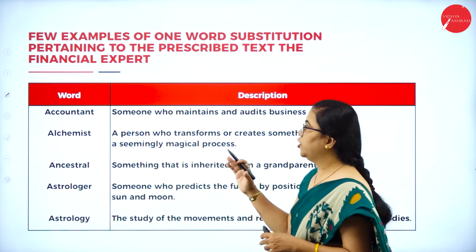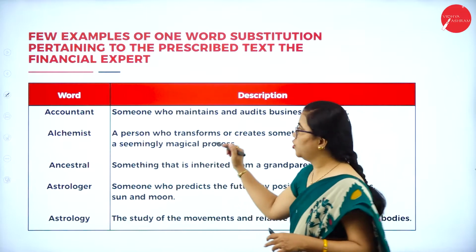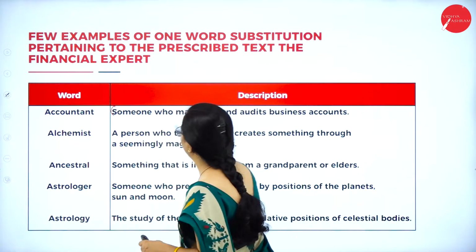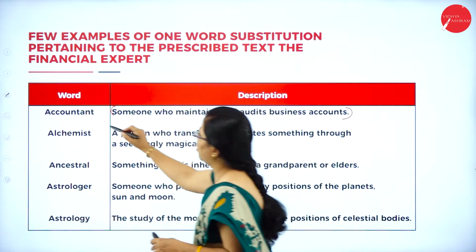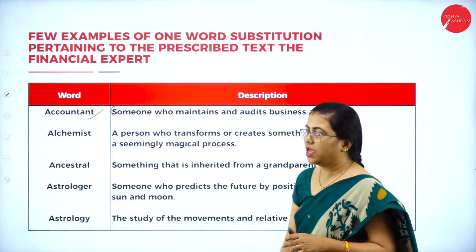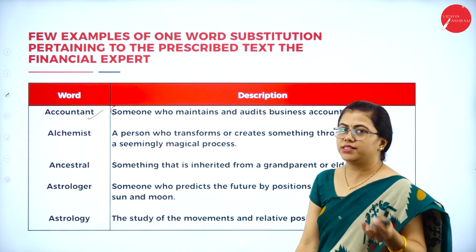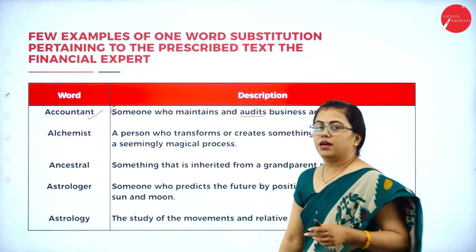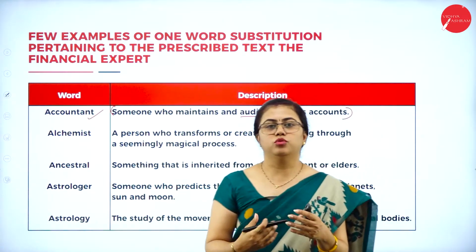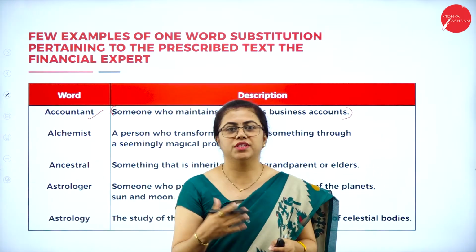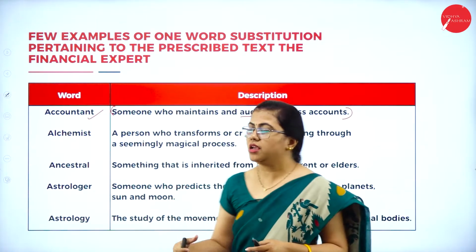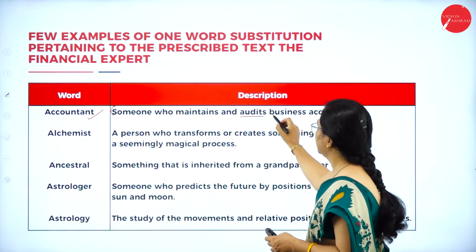Now we are talking about some person. I'm just giving you this explanation first, and then we'll talk about this word. Somebody who maintains or audits, who plans for, who takes care of expense and income, all of this. That is called auditing, and this is business accounts.